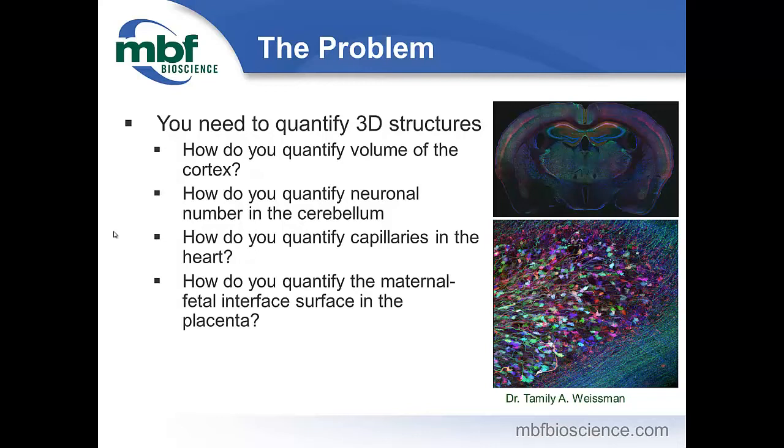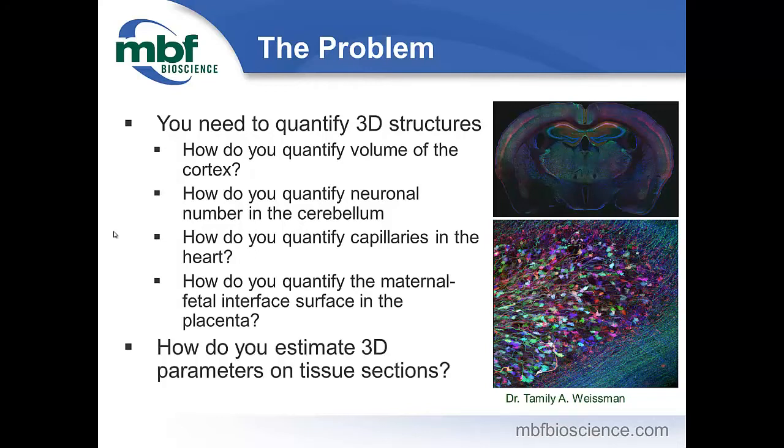You may be interested in something about the blood supply to the heart, so the length of the capillaries may be of interest. There's a lot of membranes that biologists are interested in. What's the surface area, for instance, of the maternal-fetal interface in the placenta? And so we're going to be discussing all of these in the framework of how do you estimate these 3D parameters on tissue sections.